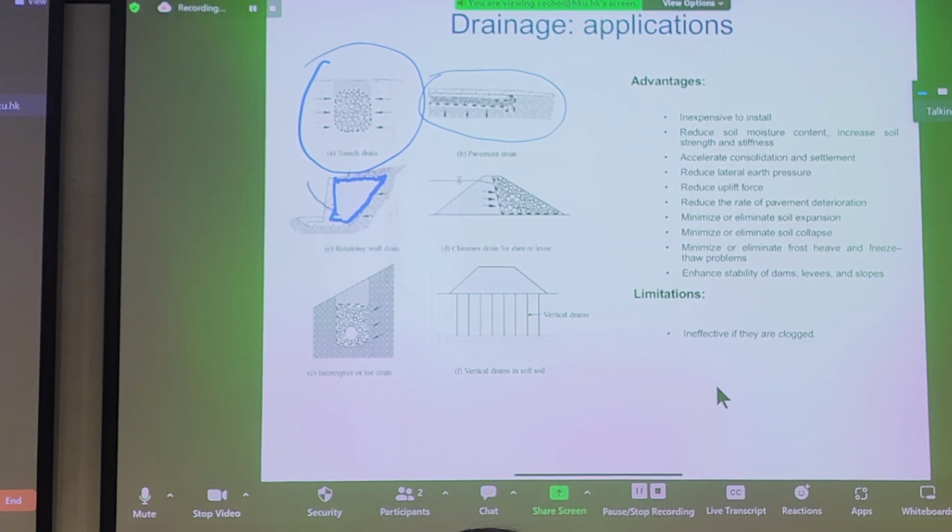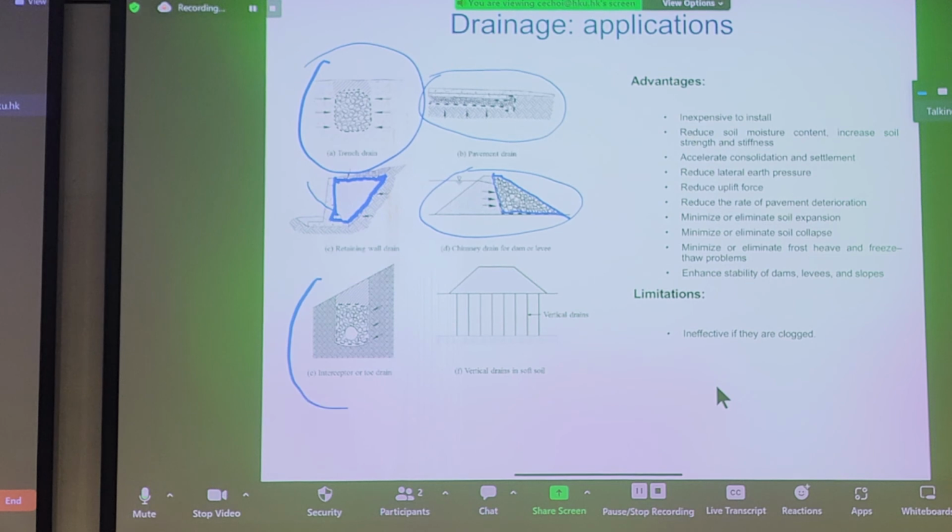This pipe here is also an example of a drain. For dams, you can have very pervious components inside your dam to promote seepage through, so you don't build up excess pore pressures, and suppress and control sporadic resurface of the water.